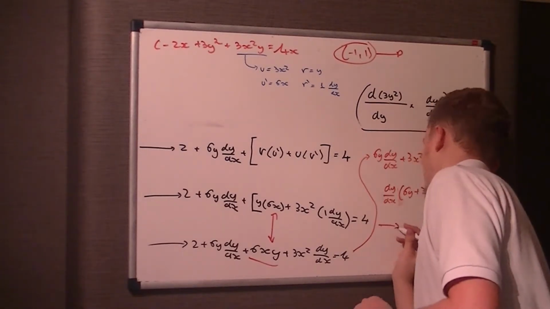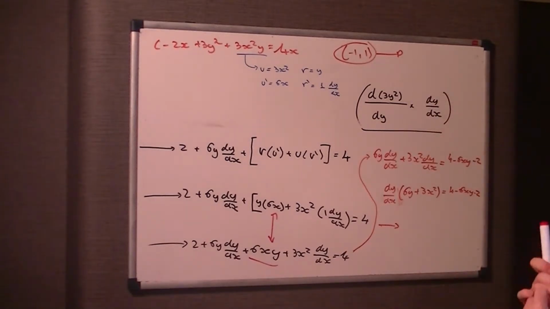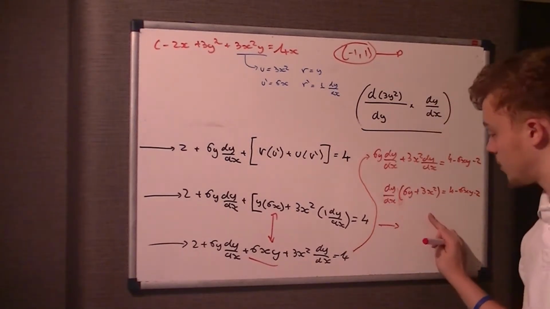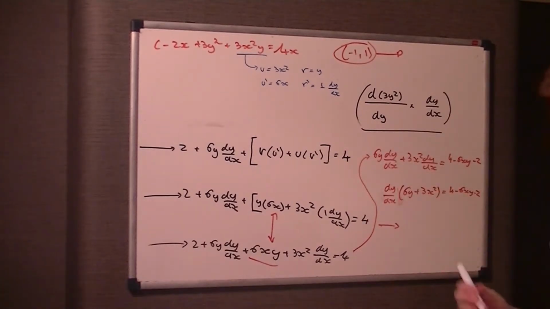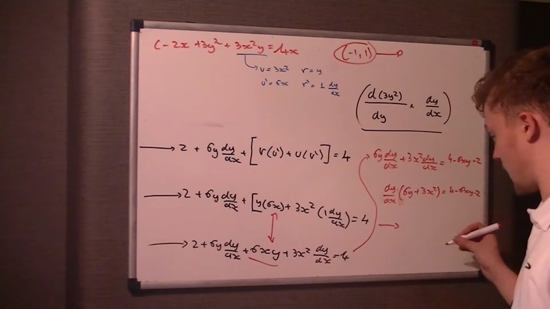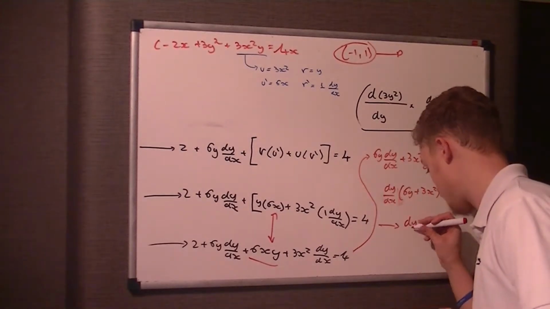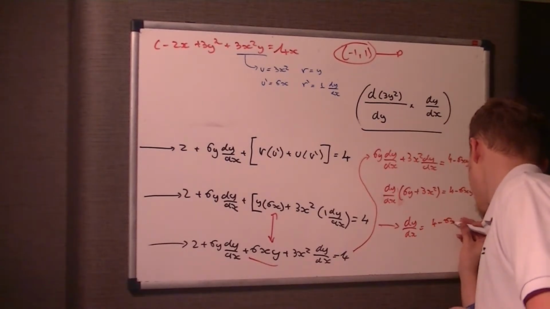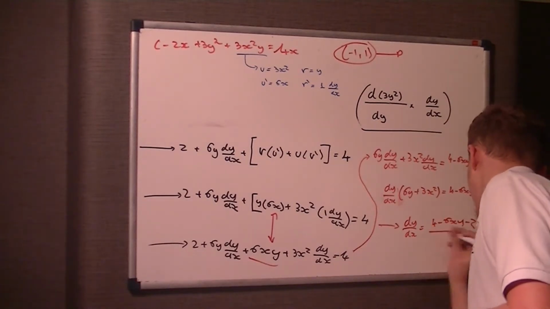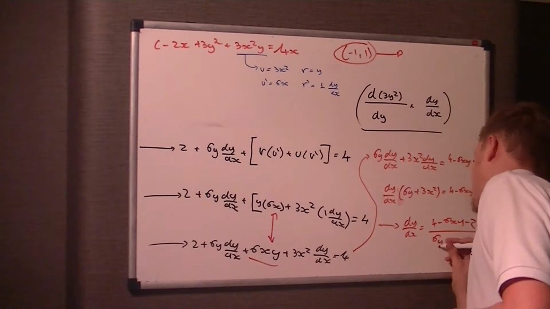So if we want dy/dx on its own, it's dy/dx times 6y plus 3x squared, which is just another way of saying that above. So if we divide both sides by 6y plus 3x squared, we get dy/dx being equal to 4 take 6xy take 2 over 6y plus 3x squared.